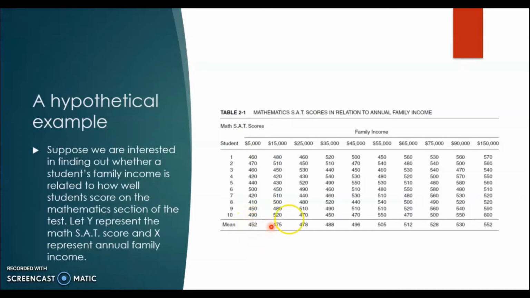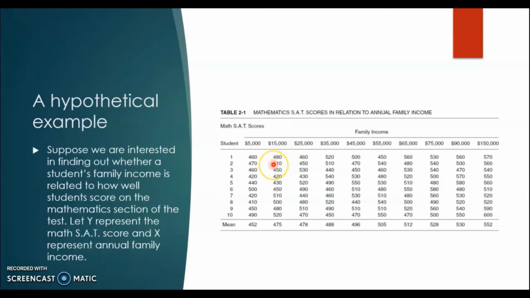452. Here we have the second group of income. The first student in this group scored an SAT score of 480.